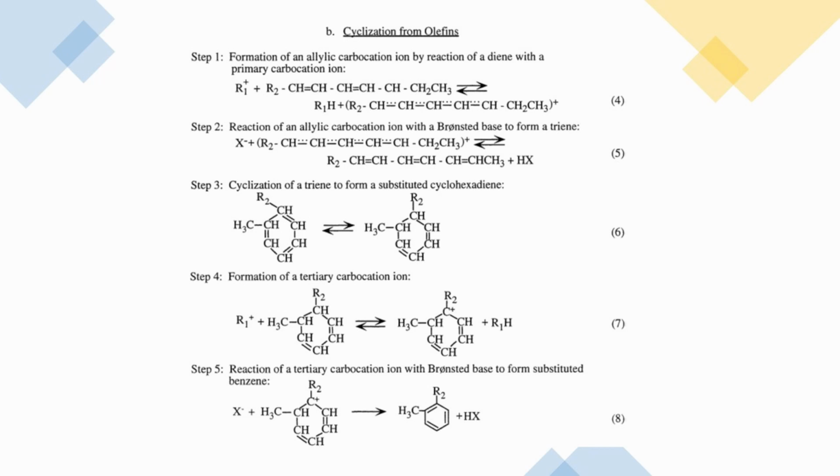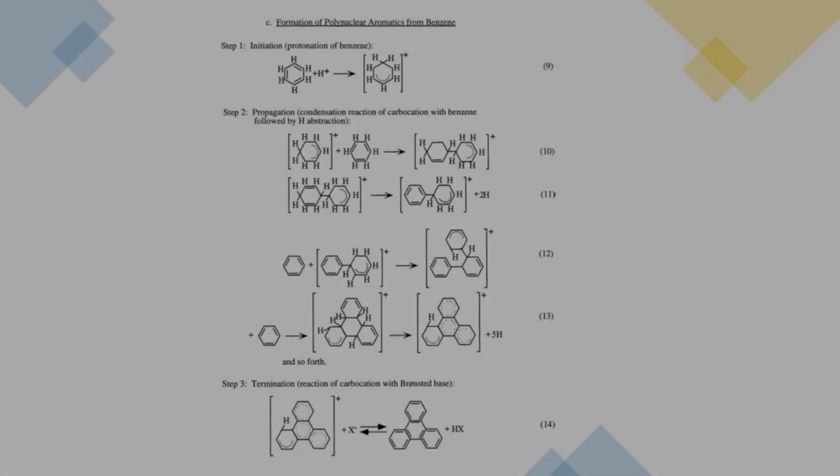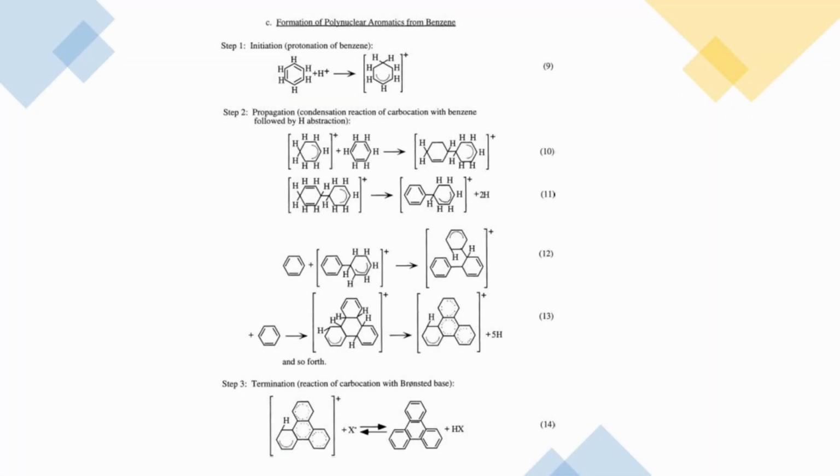Dehydrogenation and cyclization reactions of carbenium intermediates formed on acid sites lead to aromatics, which react further to higher molecular weight polymeric aromatics and condense as coke. From the mechanistic scheme on the slide, it is clear that olefins, benzene and benzene derivatives, and polynuclear aromatics are precursors to coke formation.